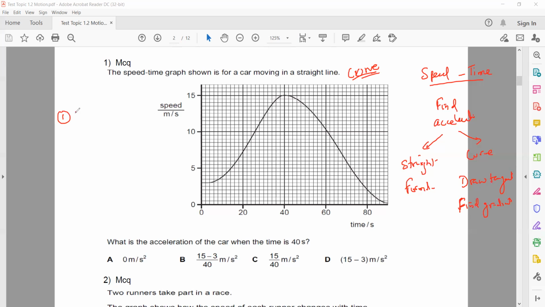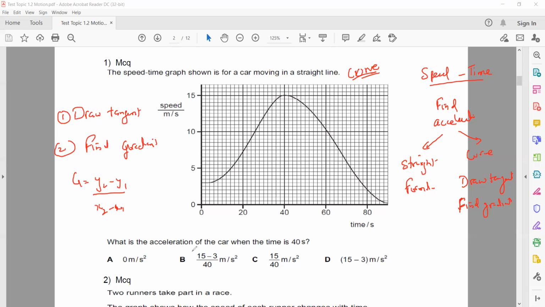The first thing we'll do is draw a tangent. And second, we'll find the gradient. And how to find the gradient? That is y2 minus y1 over x2 minus x1.